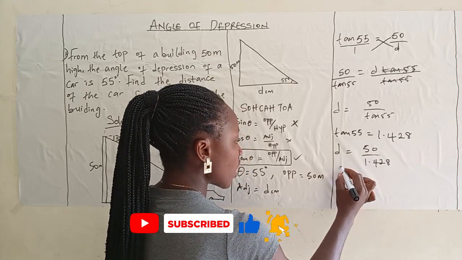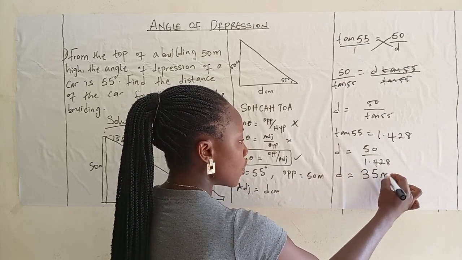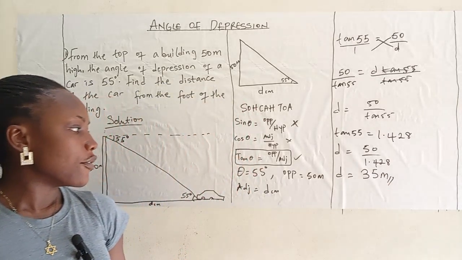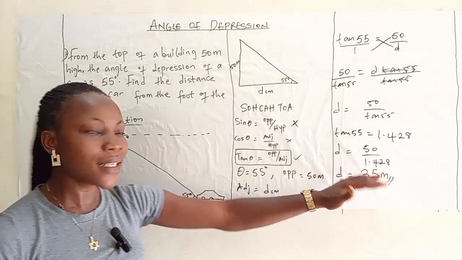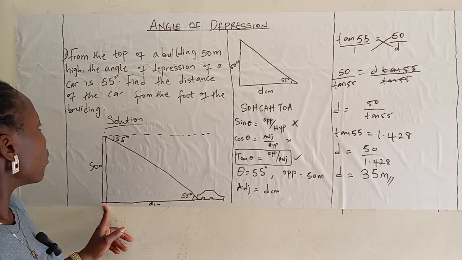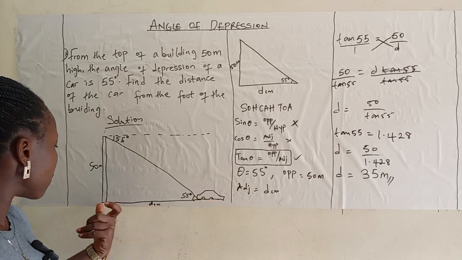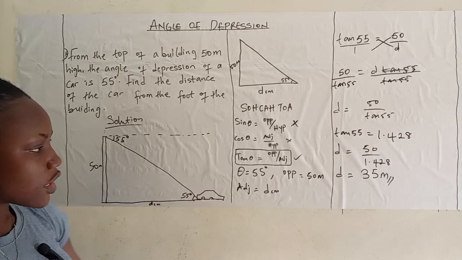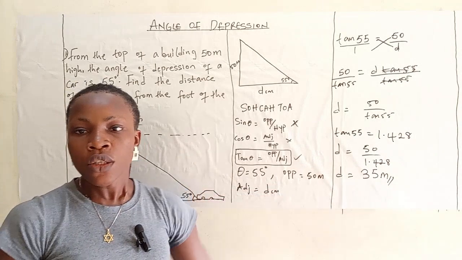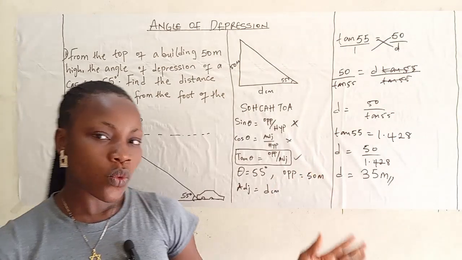And dividing it, we are going to have D equals 35 meters. Now, we have gotten the value of D. That's the distance of the car from the foot of this building, which is equal to 35 meters. Alright? So at this point, we have gotten the value we are asked to find.